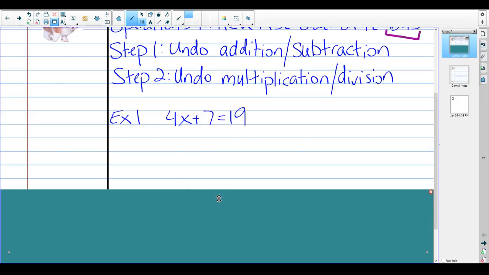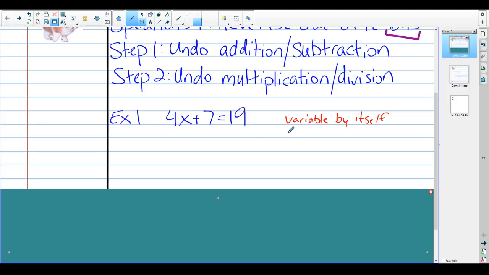Good job. 4x plus 7 equals 19. So our goal is still to get x by itself. We want the variable by itself. So the first thing that we're going to do, we said step 1 was to undo addition and subtraction.